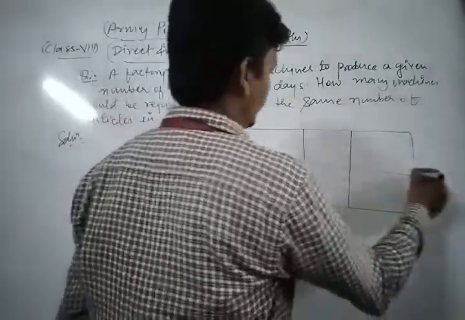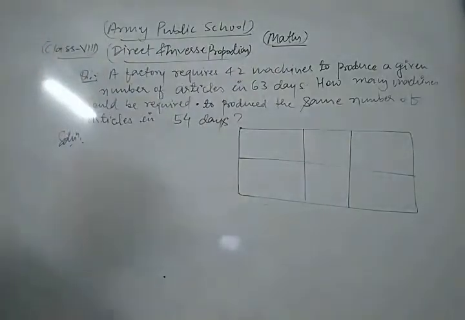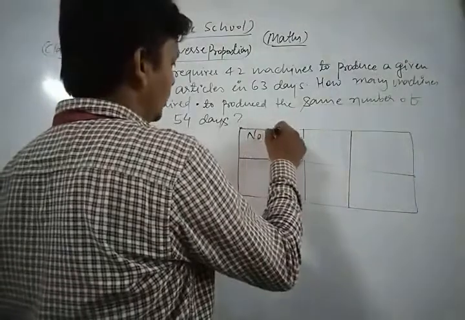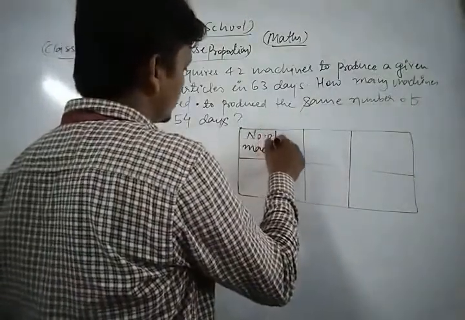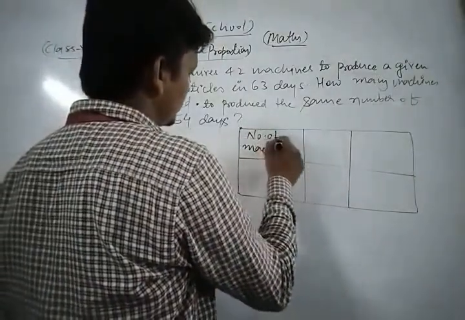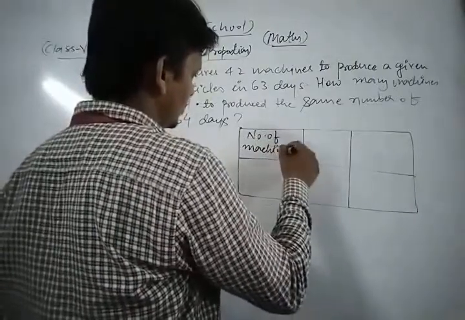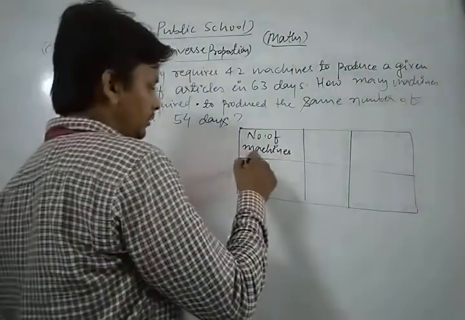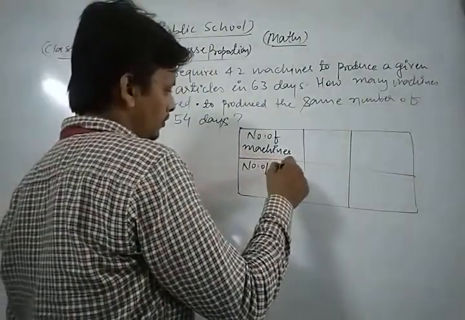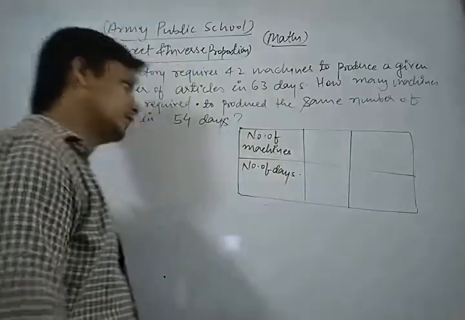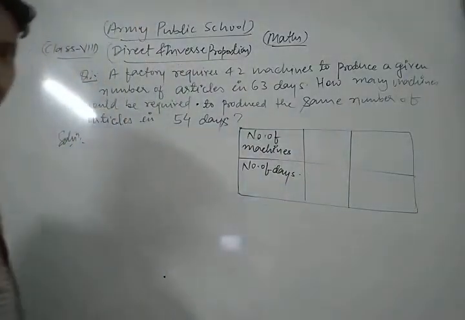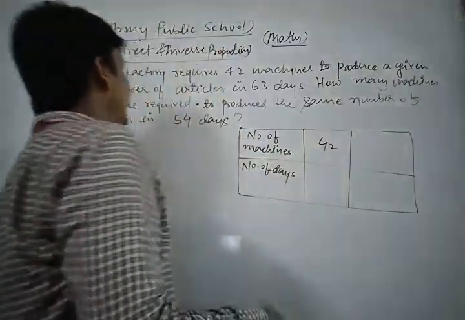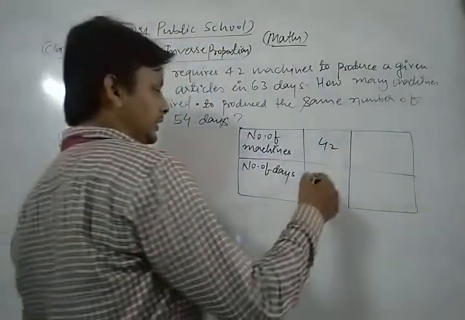On one side we write the number of machines the factory requires, and in the next column we write the number of days. Now, if there are 42 machines and they produce a given number of articles in 63 days.